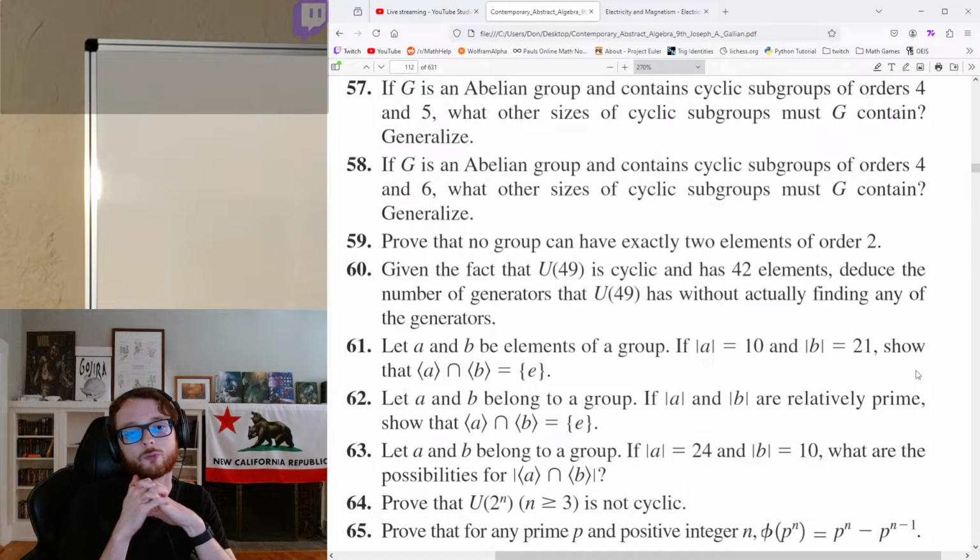I feel like 2 and 3 are pretty big possibilities, but those are the factors of 4 and 6.